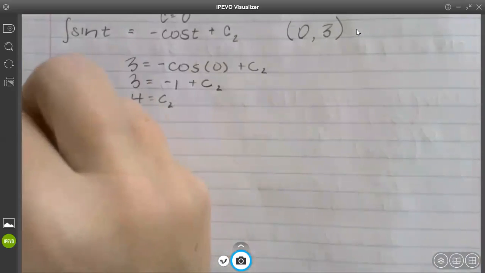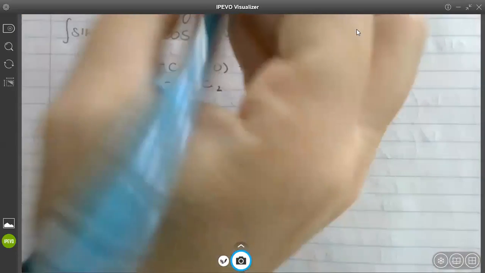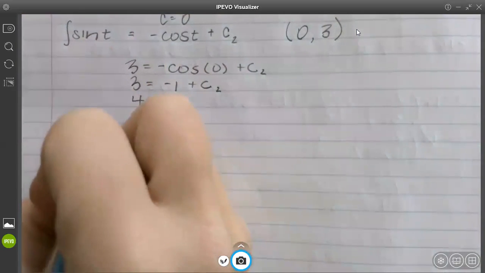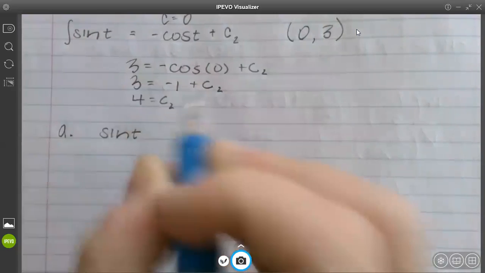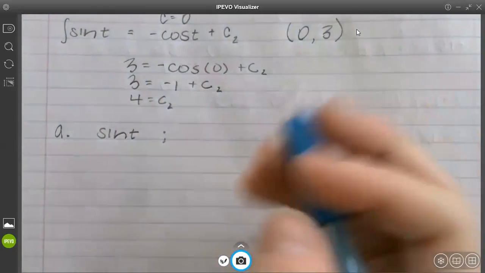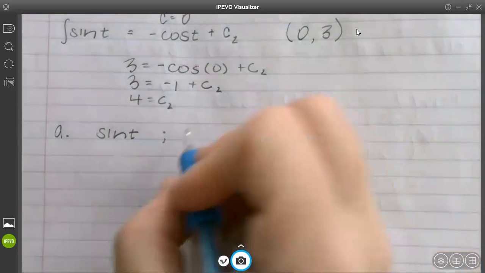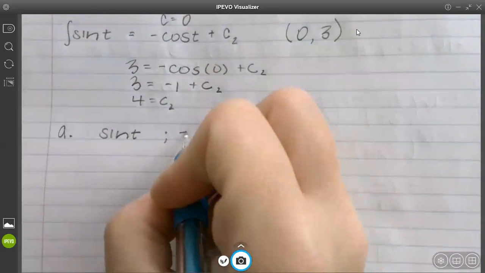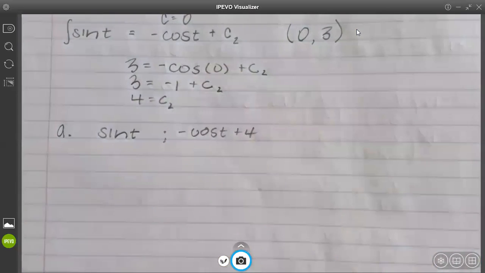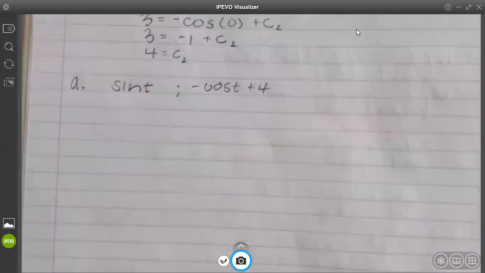So what is our function? This is the actual answer. This one, sine T, and this new function that we have. What's our new function? The very last one. Negative cosine T plus 4. So those are your two position functions that they're looking for.